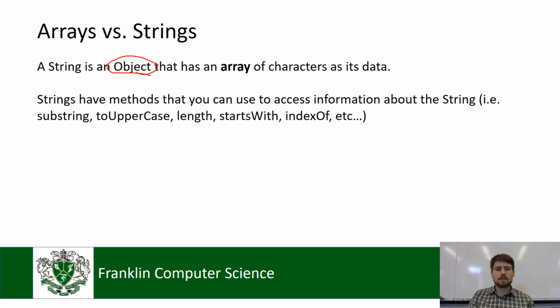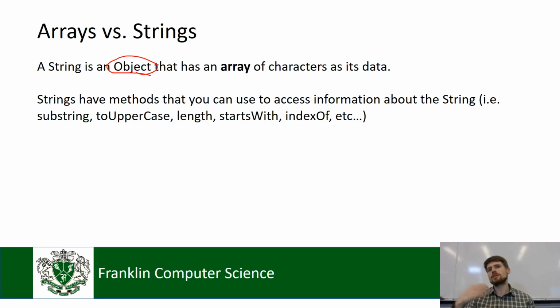So you've got all these methods you can do with a string, and an array doesn't have any of those tools. It's really just a plain vanilla list of things, without too many methods. We'll find out later that there is a utility class that Java's created for doing stuff with arrays.